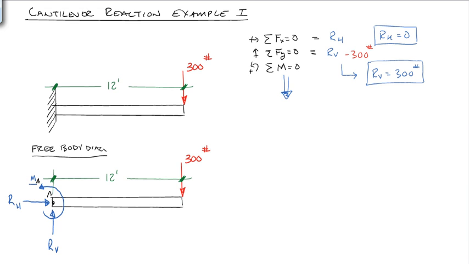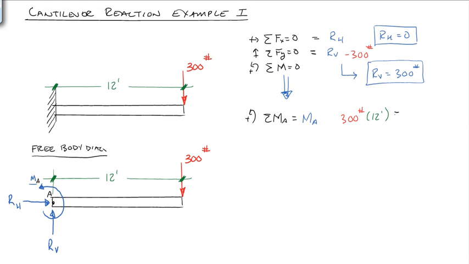at point A. Okay, so if we sum the moments about point A, this way being positive, we get this unknown MA. And of course we've assumed that it's going counterclockwise, so it's positive. And then we get 300 pounds times 12 feet about point A. It's spinning this way, which would be negative, and of course that has to equal 0.